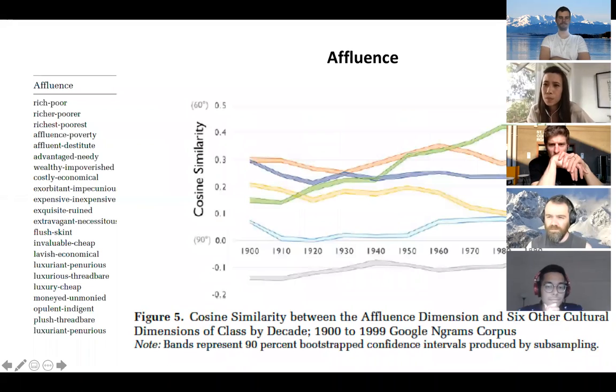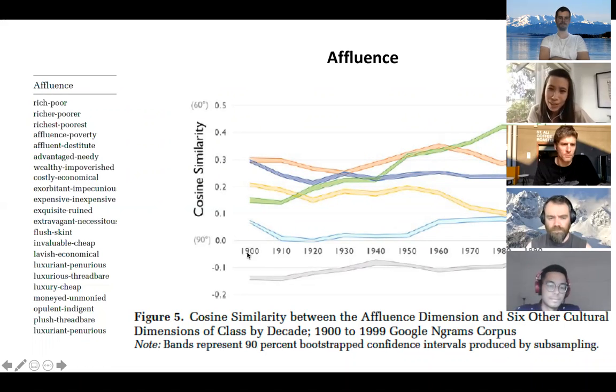So in this plot, what we're focusing on is the affluence dimension. So think rich minus poor. And you can see, for example, in 1900, from the word embedding model trained only on the 1900 to 1910 text, we're asking what is the cosine similarity between affluence and, say, cultivation.